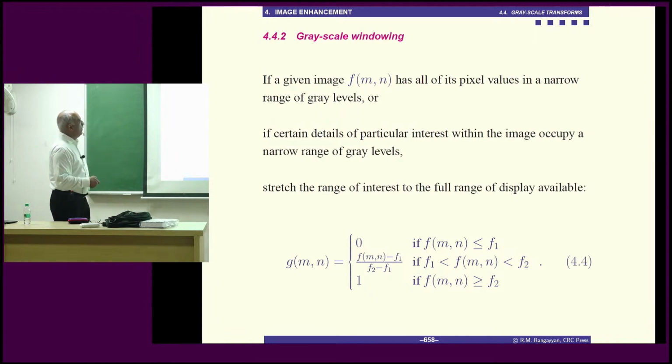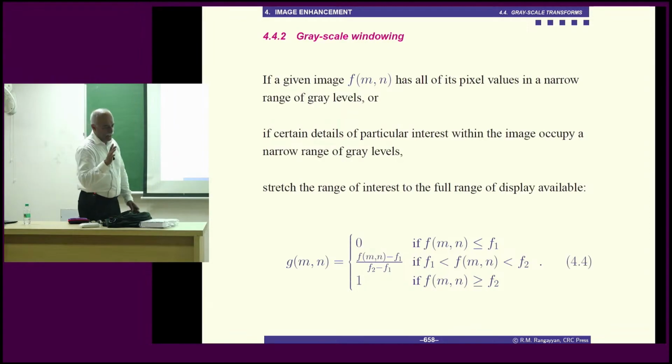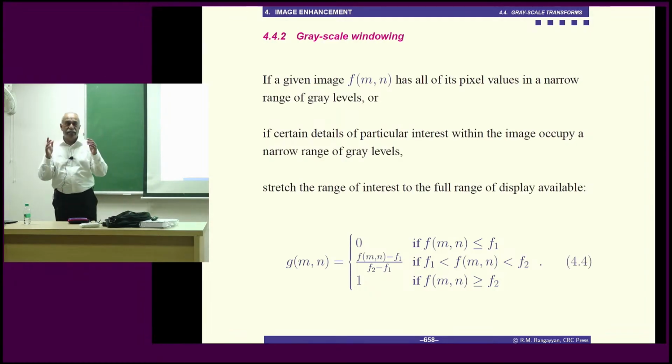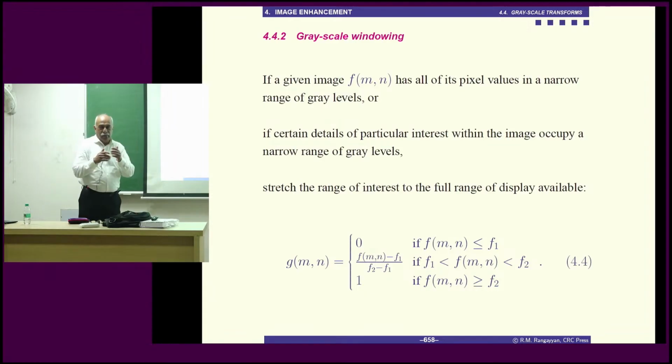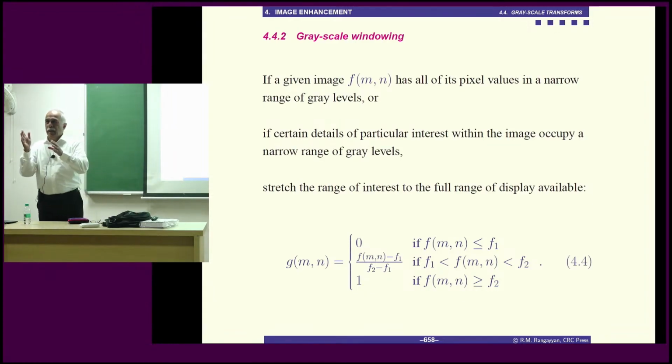In grayscale windowing, you say, well, my image has such a big range, I can only look at small parts. The human visual system can only discriminate between some 30, 40 gray levels. If you have 0 to 255, you say there are 256 gray levels, but it'll be hard for a human observer to separate all of them. More so when you have a CT image with minus 1000 to plus 1000, 2000 values.